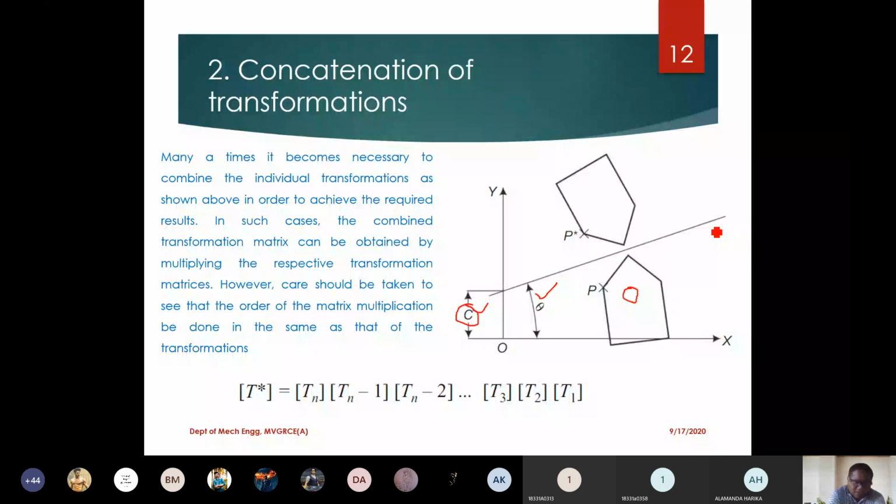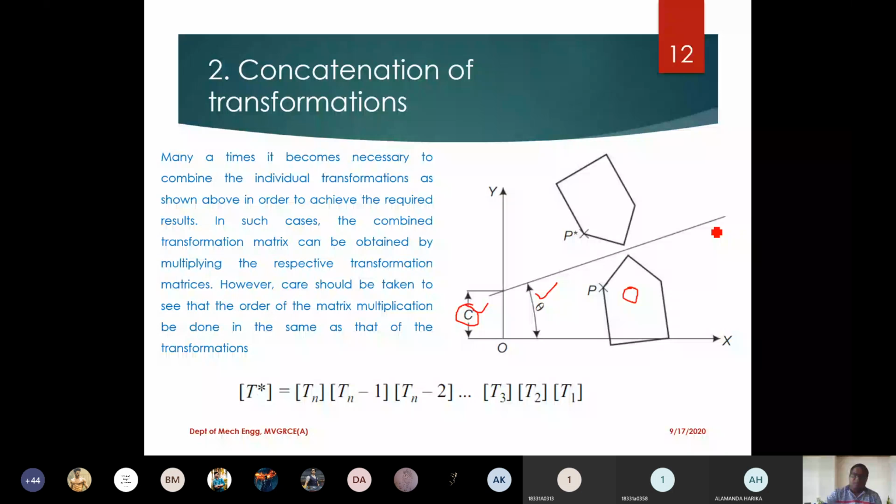So all these kinds of advanced operations, and I am using the word advanced only to differentiate from the fundamental operations, need to be divided into fundamental operations. Try to understand.